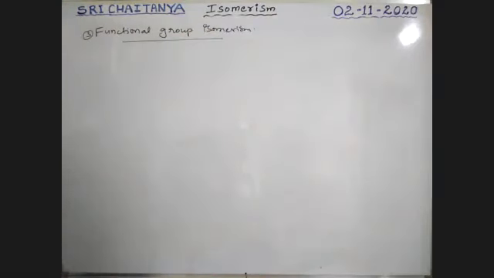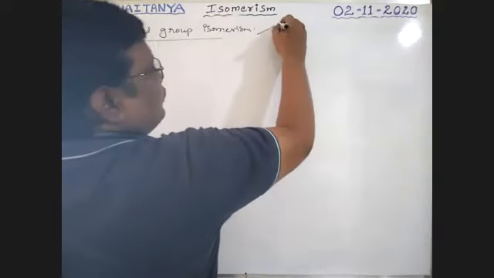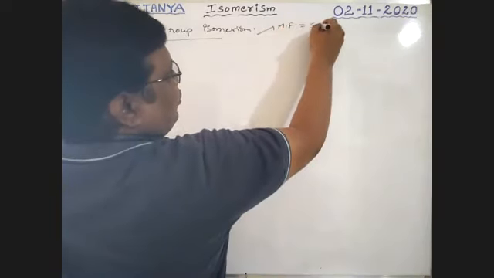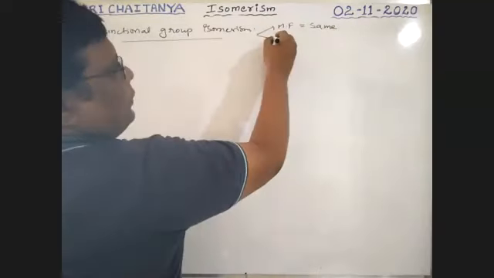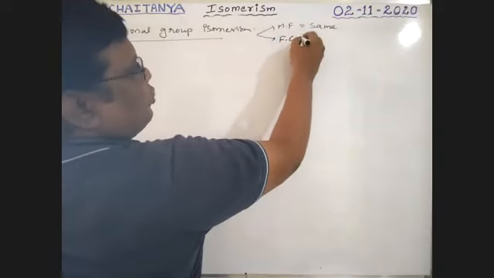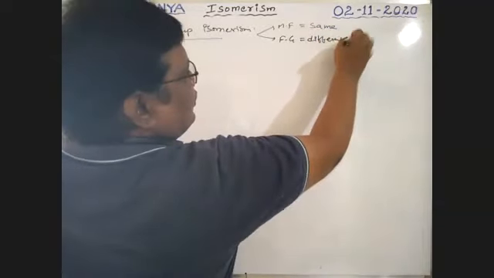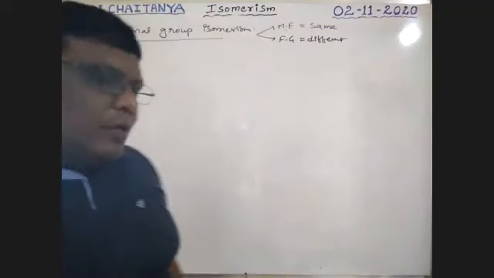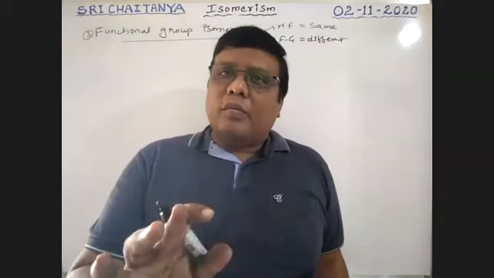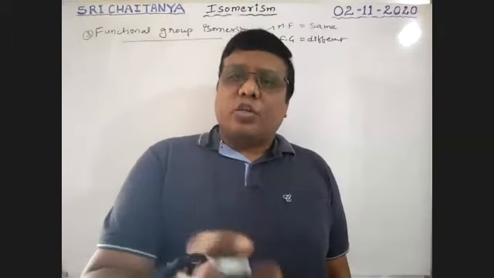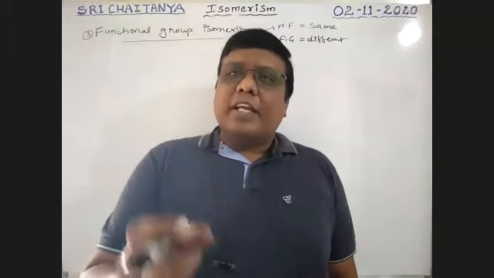Functional group isomerism. See, boys, here the molecular formula is the same, no doubt, but the functional group is different. In the previous case, the functional group is the same but its position is different, that is positional isomerism.